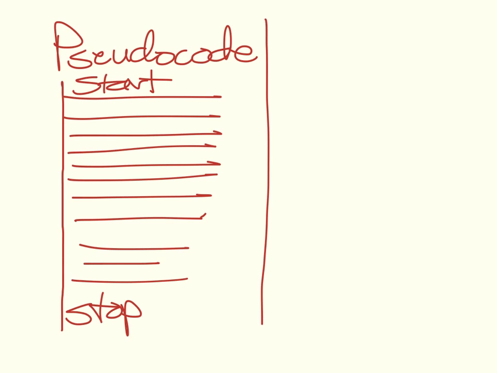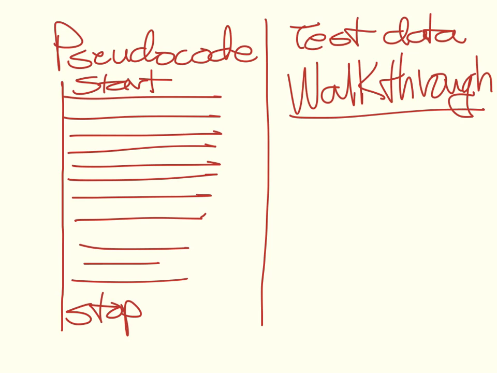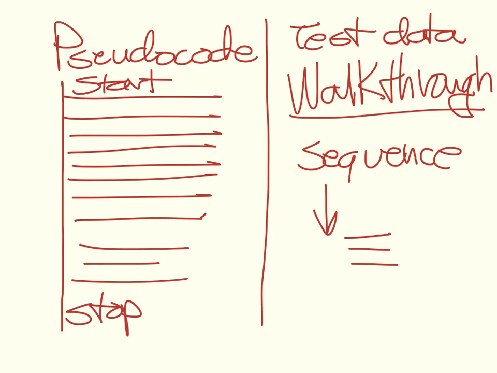Then you can take some test data and do a walkthrough. Walkthroughs are pretty simple on a sequential, sequence or linear process. You just go from one step to another, and you keep track here of your variables.